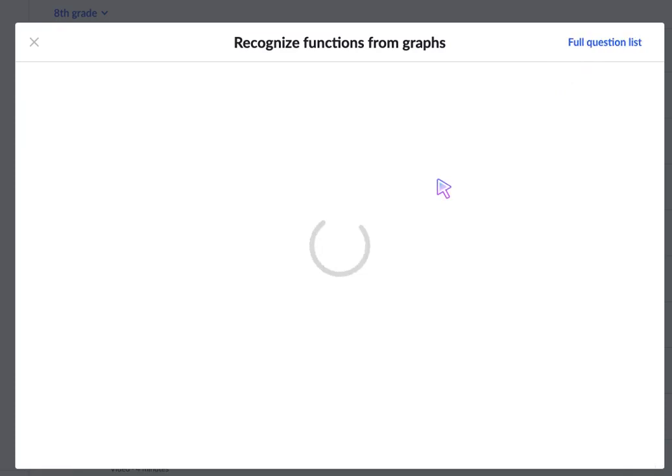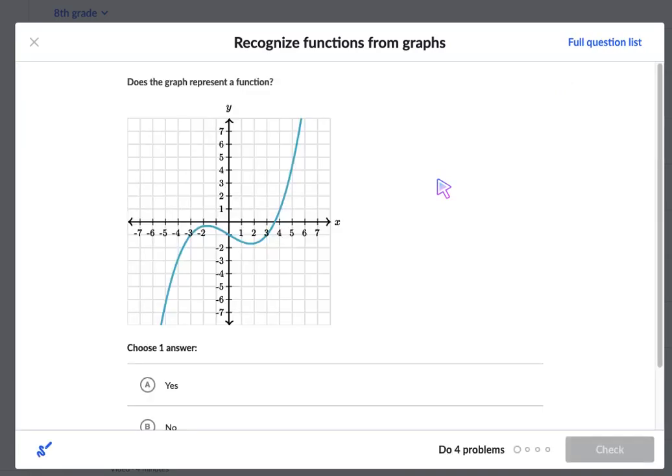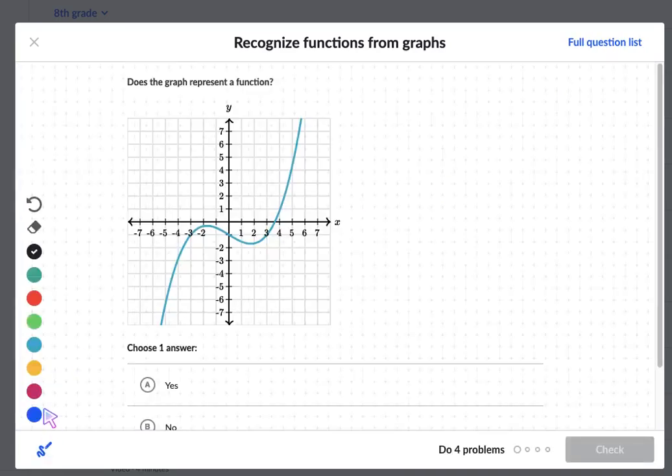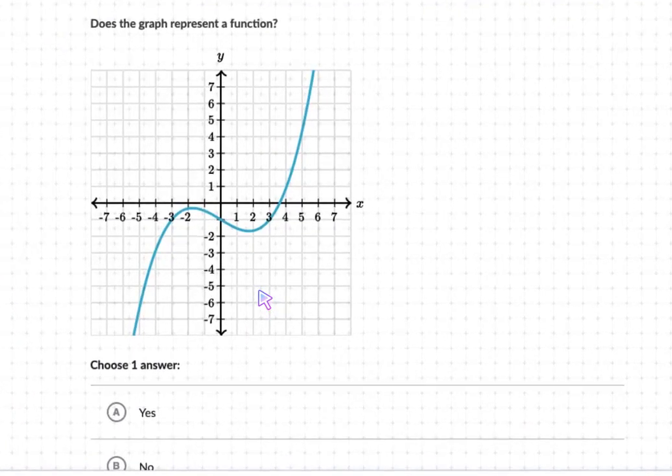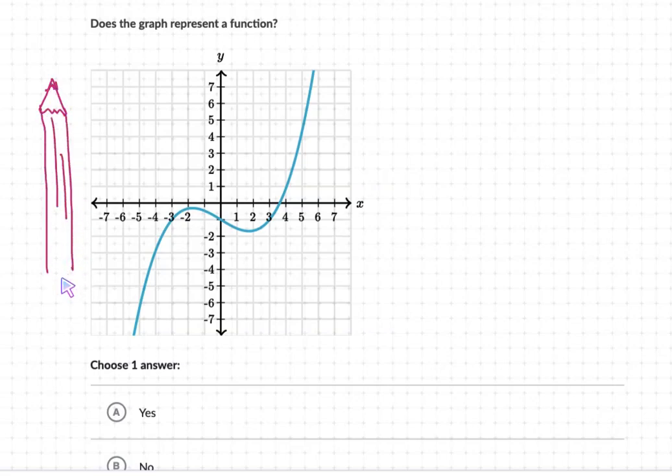So from a graph, remember, you're using the vertical line test. Go ahead and pause your video and try this one on your own first. So remember, you're either doing the vertical pencil line test or you're just drawing some straight lines. I don't have a pencil, so I'm going to draw a straight line for each of these.